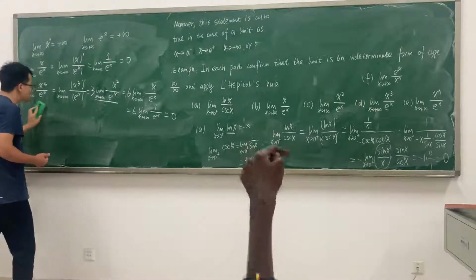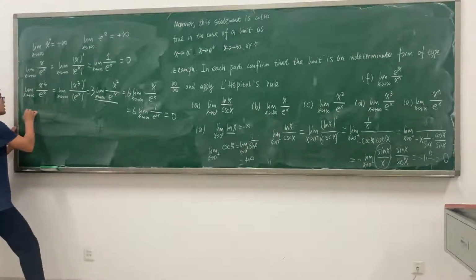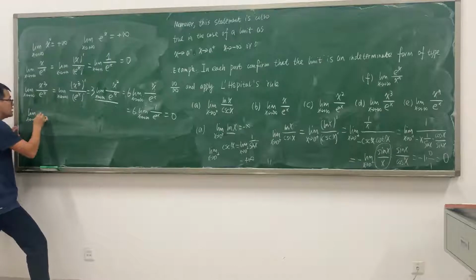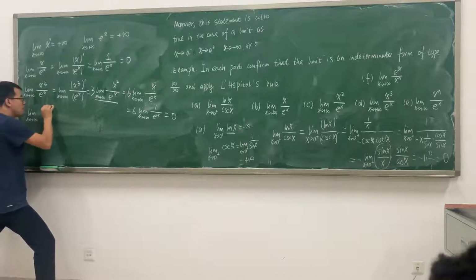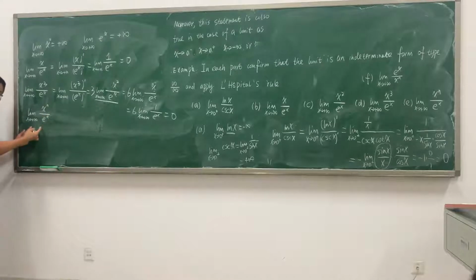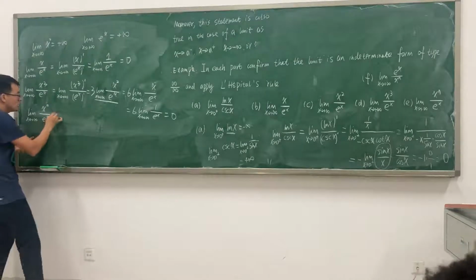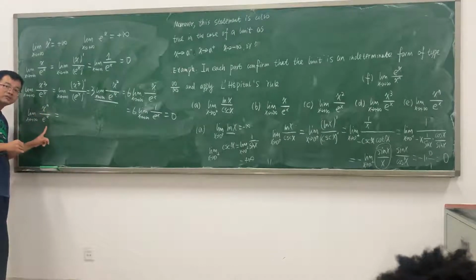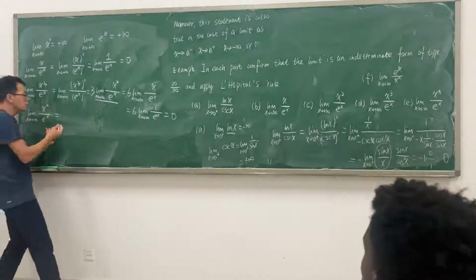It's the same. We can see the limit as x approaches plus infinity of x to the nth power divided by e^x. This limit is infinity by infinity, so use L'Hopital's rule.